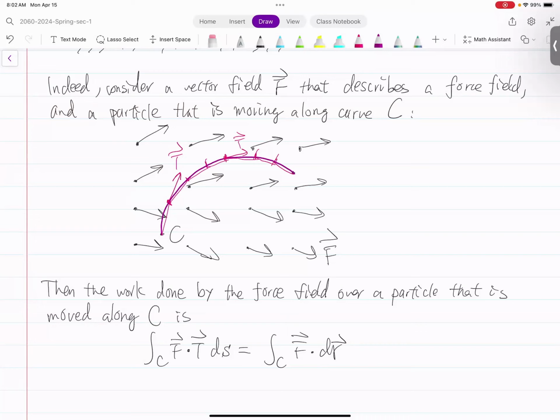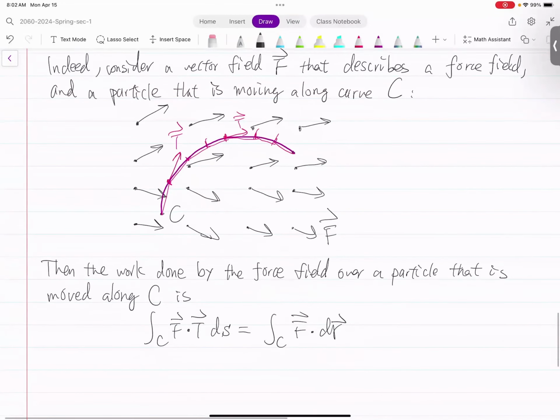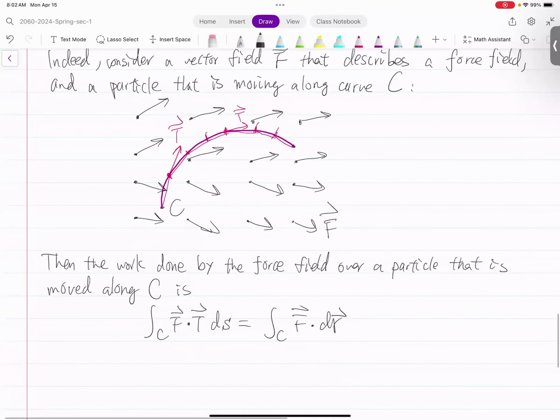So essentially, you're going to have displacement starting with the force field. Starting with the force, and you accumulate, that's going to give you the work done, right? So this is the physical meaning of the line integral along the curve.